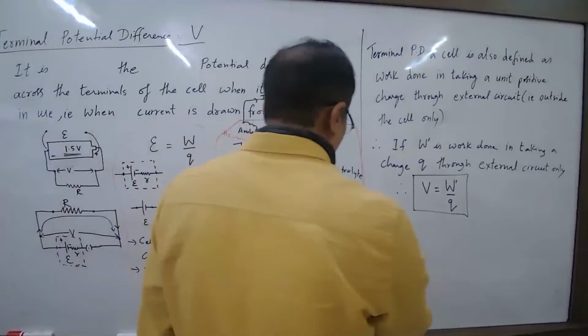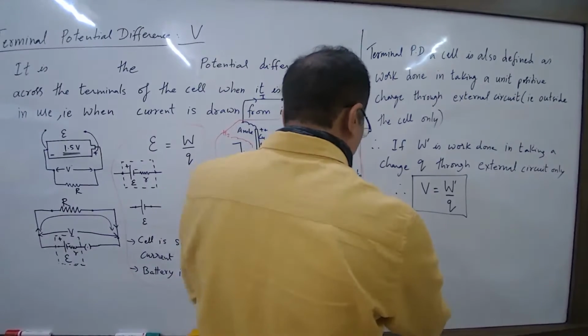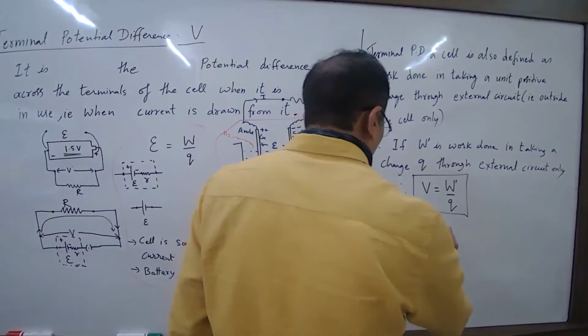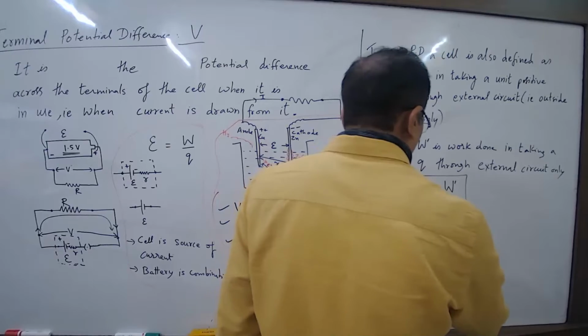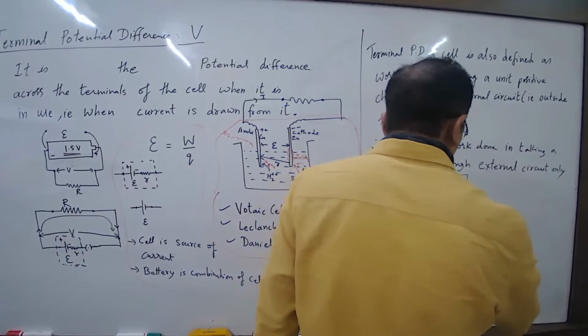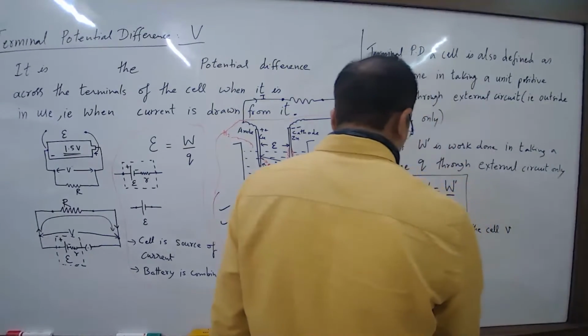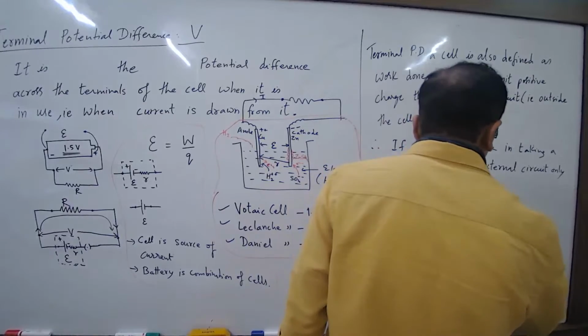Then we have the voltage drop inside the cell. This we are denoting using small v.